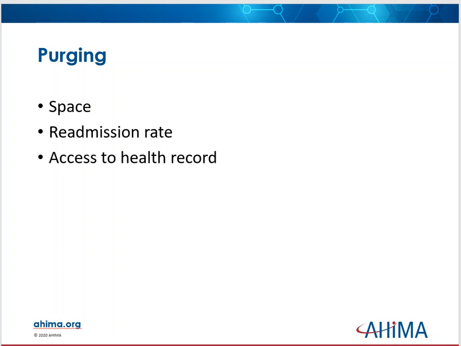So let's say based on the readmission rate, based on the accessibility or the frequency of that patient visiting, or maybe based on, I'm just going to take out everything from 2019 and only leave the 2020 records on the shelves. So those are different ideas for purging.